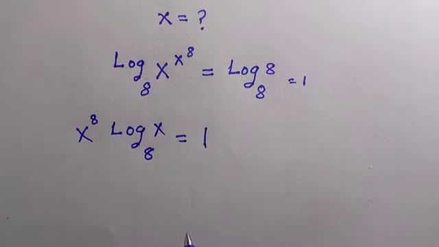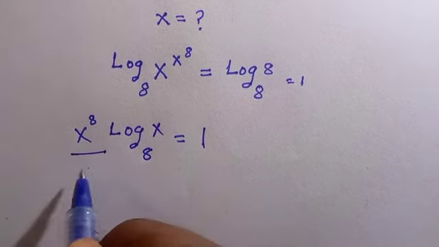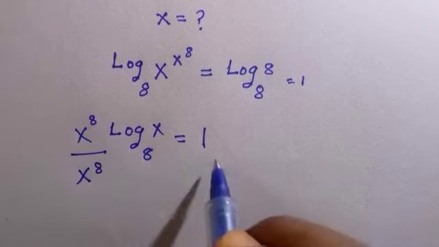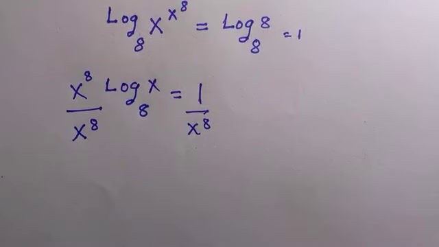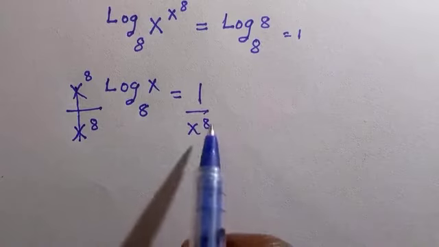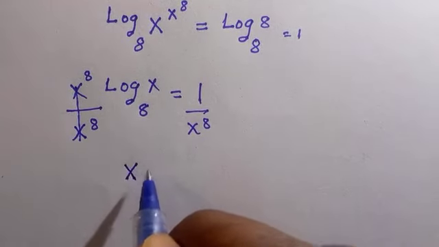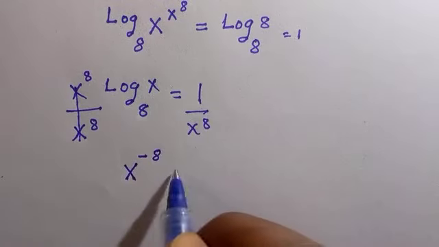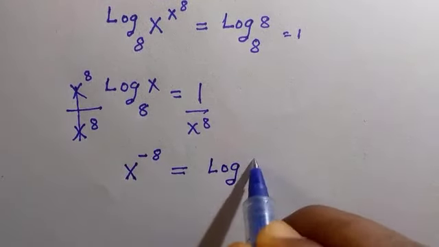The next thing to do is divide by x raised to power 8, and these two cancel each other. Then 1 over x raised to power 8 becomes x raised to power of minus 8, equals log x base 8.